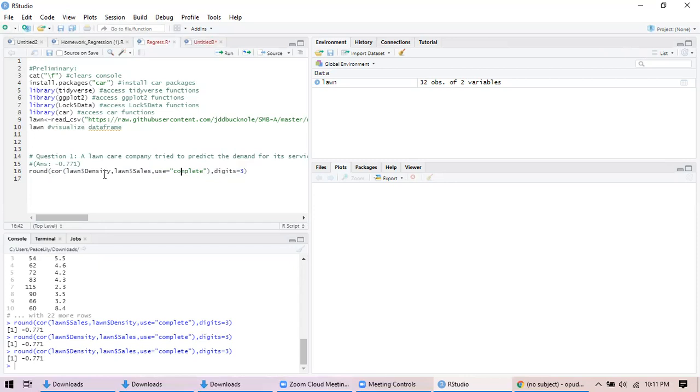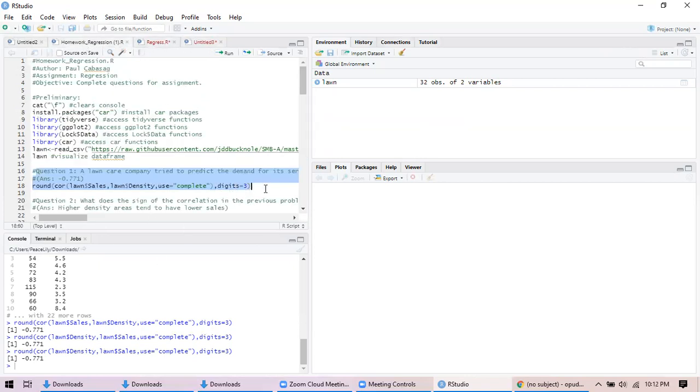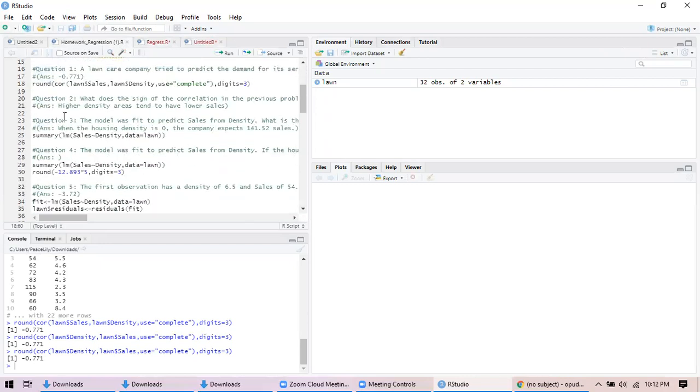Okay, the next thing is question two. Let's try to copy that one. Let me go here and then go here, and then I'm going to take line 20 through 21. Yeah, this one.